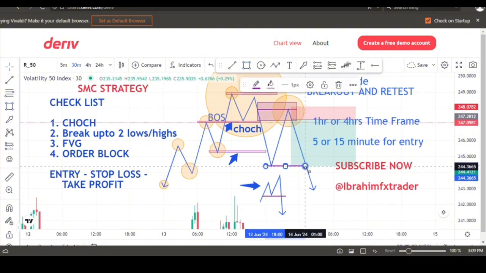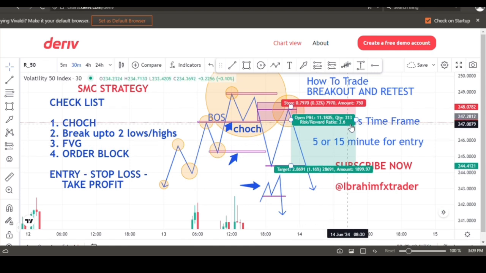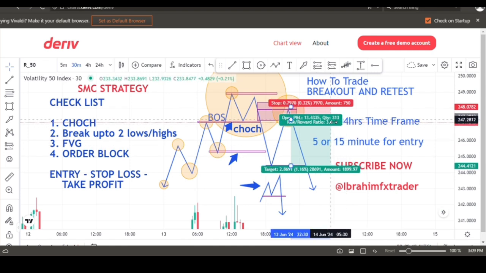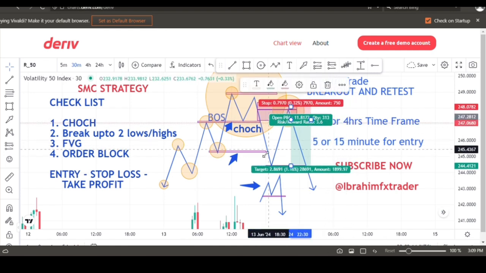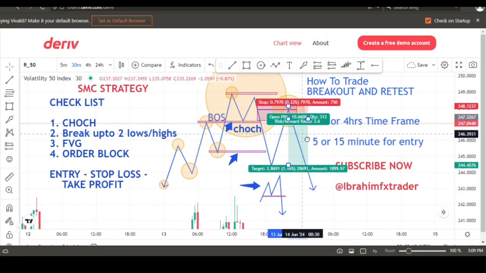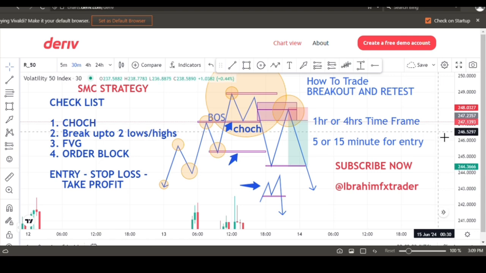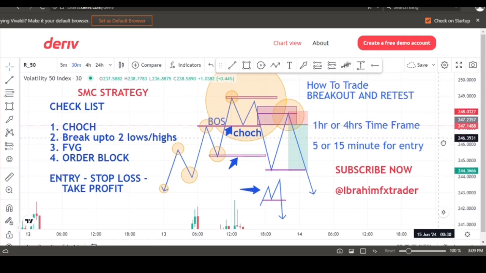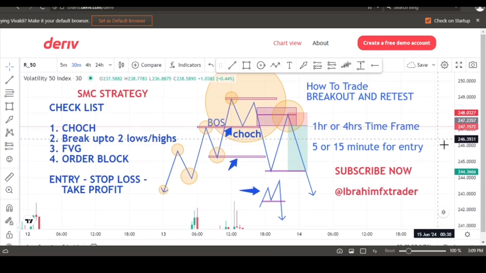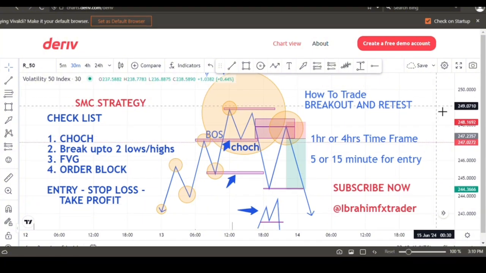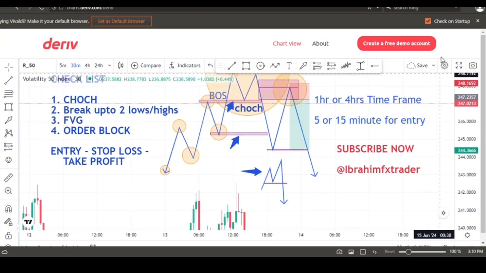Then you take profit at the last low right here. So this is how to trade breakout and retest.